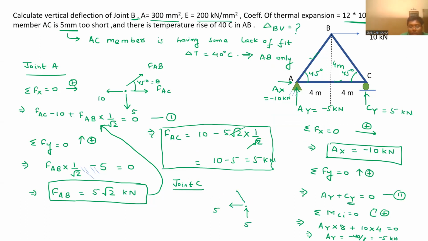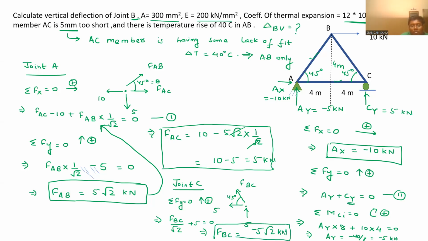The only unknown here is FBC and that is inclined with the horizontal at an angle 45 degree. So let us do summation of Fy equal to 0 and vertical direction I am taking to be positive. So FBC cos 45 is 1 by root 2 plus 5 will be equal to 0. This implies FBC will be equal to minus 5 root 2 kilonewton.